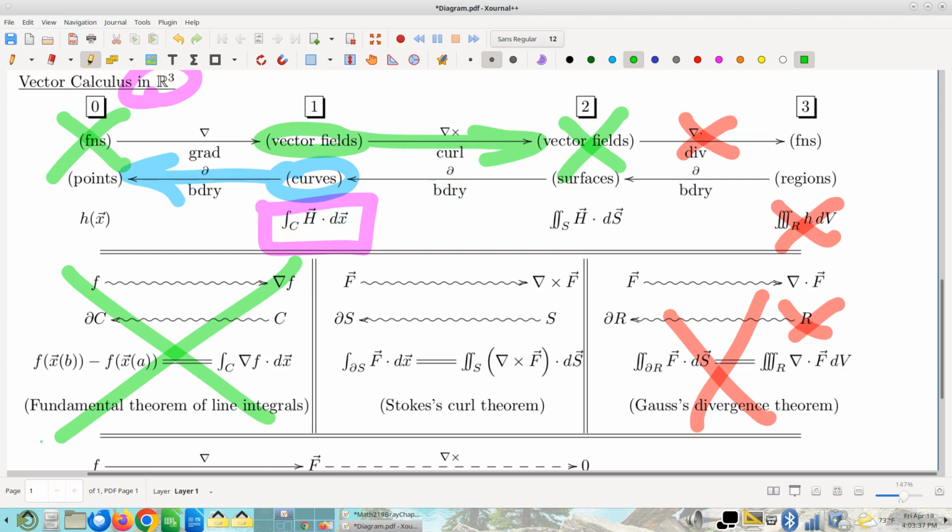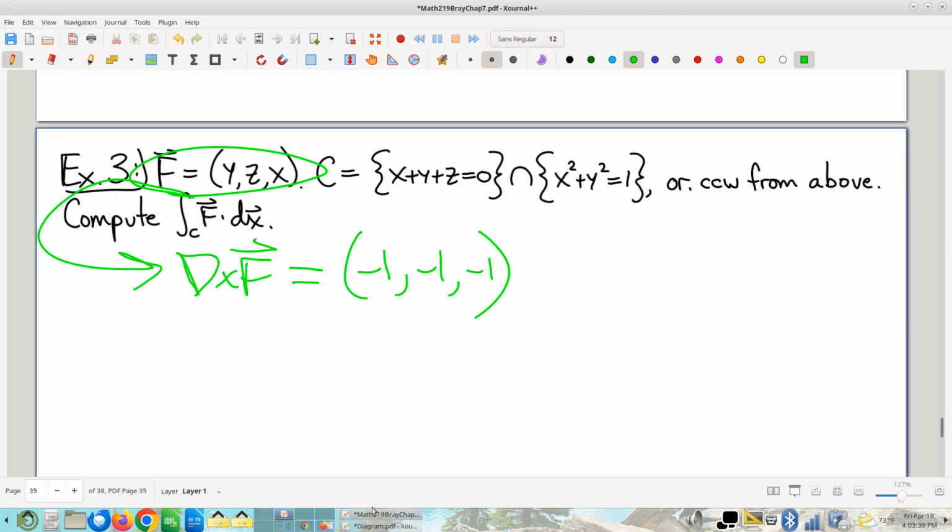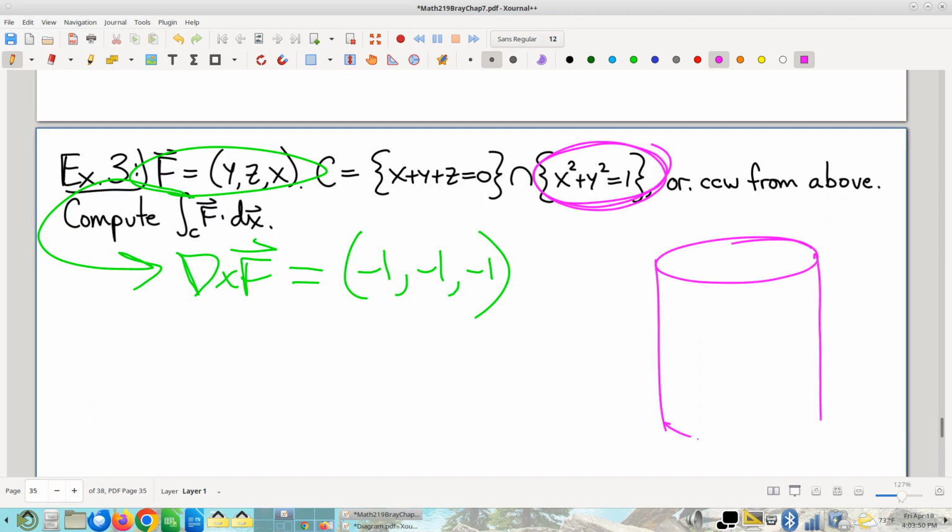Okay, well, let's think about that curve. This is weird, right? Our curve is the intersection of a couple of surfaces. On the one hand, I have a cylinder, and on the other hand, I have this plane.